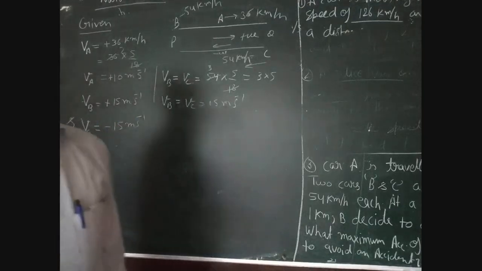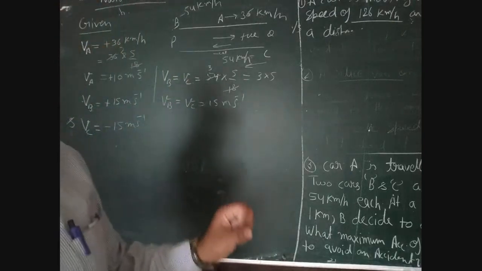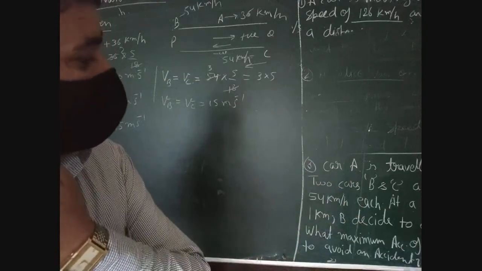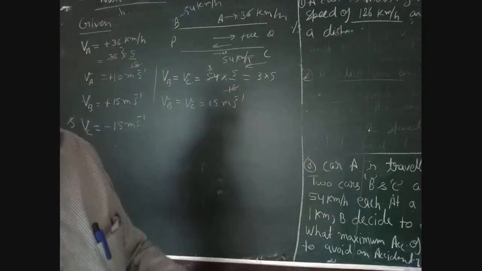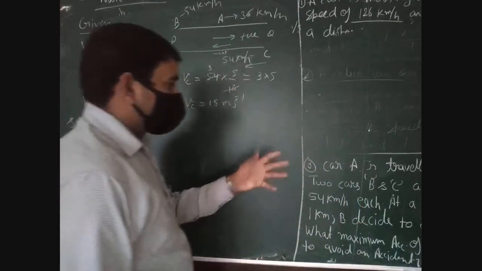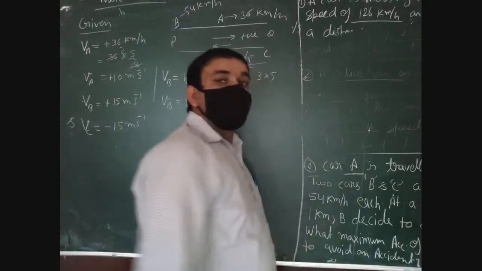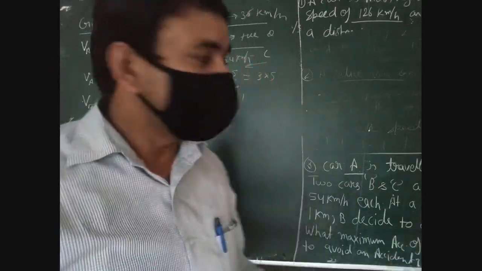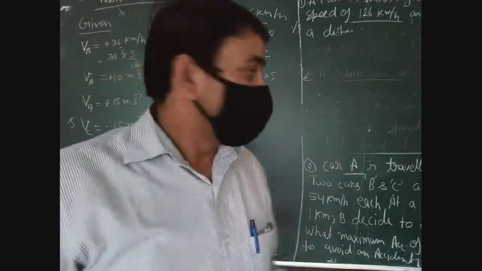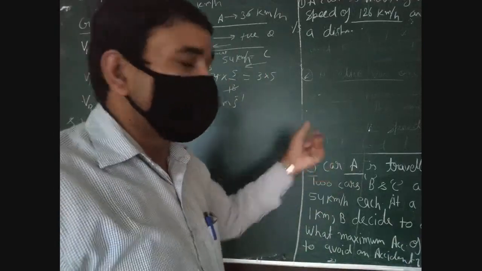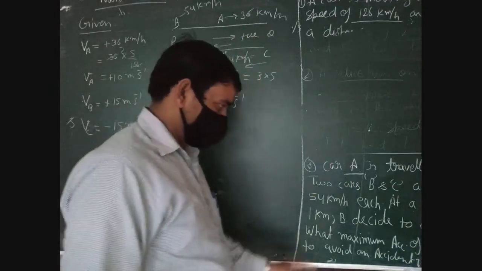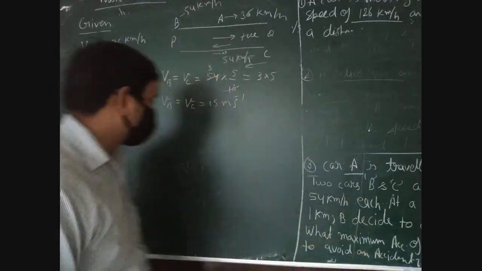Okay, students, whenever you calculate a question in which overtaking or approaching is involved, you need to first calculate the relative velocity. B and C want to overtake car A, so you need to calculate the velocity of car B with respect to A and the velocity of car C with respect to A.